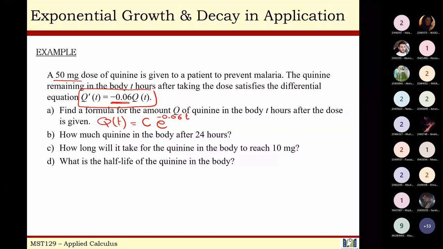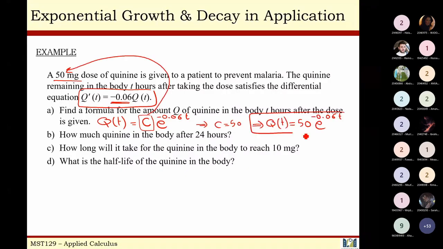So this equal 50, because at time zero the amount of quinine equal 50 milligram. So the C equal 50. This means Q of t equal 50 e to the power minus 0.06 t. So this is the amount of quinine in the body after t time.